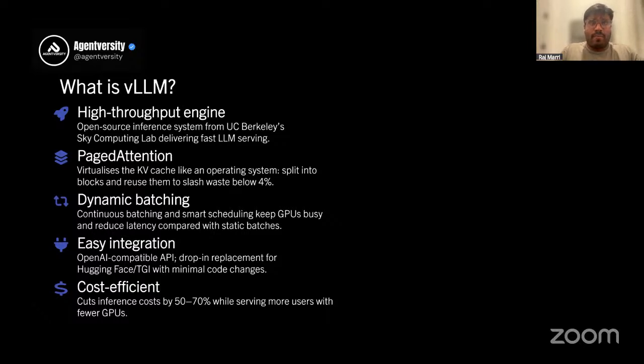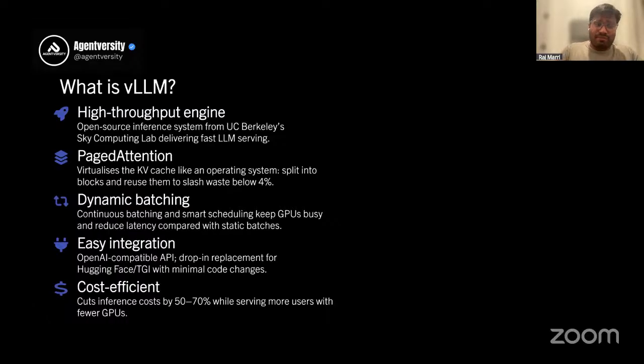If any systems engineers on this call have already worked with virtual memory, you would probably get the gist of this. They created vLLM by getting inspired by virtual memory from the systems engineering space.